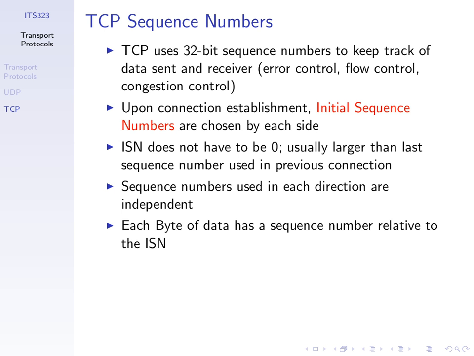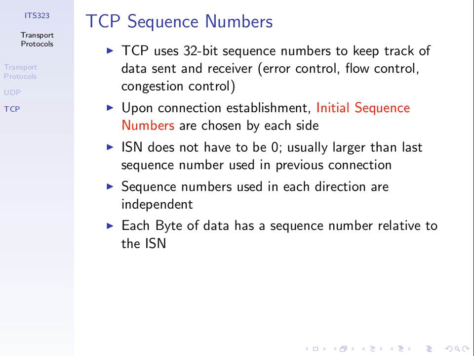So A can send data to B, and similarly, B can send data to A. And they use independent sequence numbers to do that. That is, when A sends data to B, it starts with its initial sequence number, whatever value it chooses, and it will increment that as it sends more data. And when B sends data to A, it has its own independent initial sequence number, and as B sends data to A, it increments its sequence number.